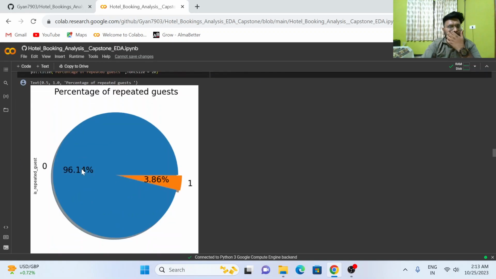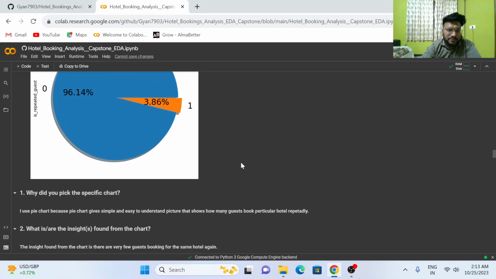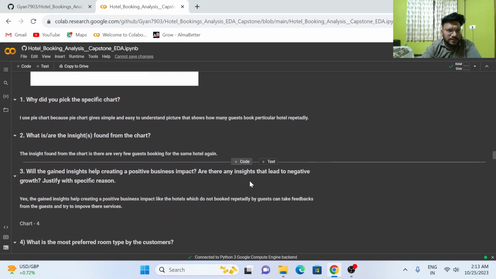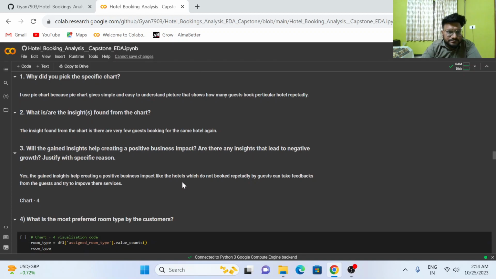So we can see in the visualization using our pie chart that 96.14% of the guests did not repeat their booking, and only 3.86% have repeated their booking. So we can clearly see that the retained guests were significantly few, and the hotel should be working on retaining the guests by giving them good services, because otherwise it will lead to a negative impact.